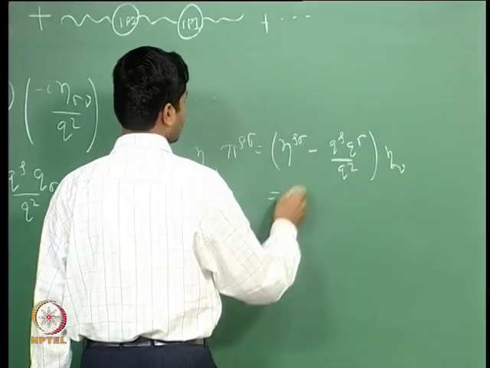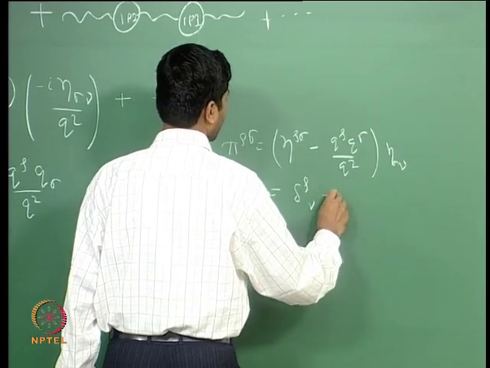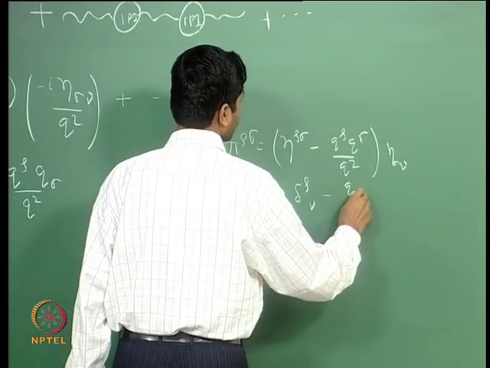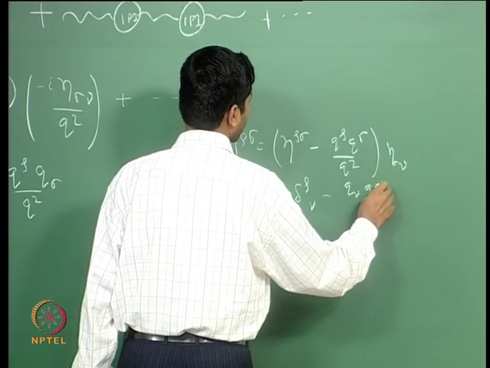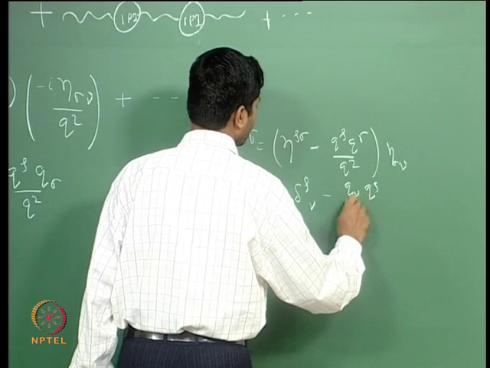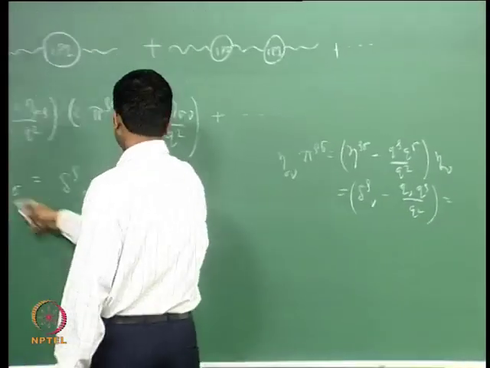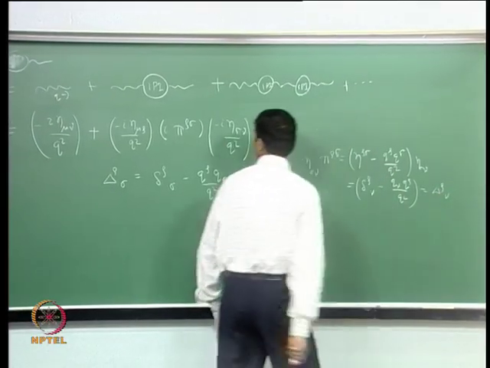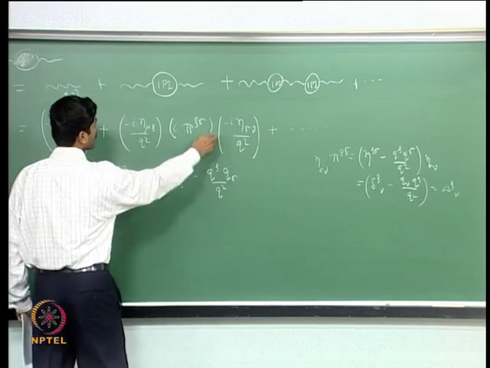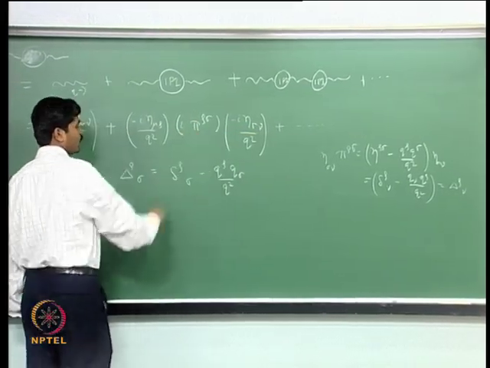So, it is basically δ_ρν minus q_ν q_ρ divided by q². So, this is this δ_ρν. This is what I will get if I multiply i η_σν with i times π_ρσ.